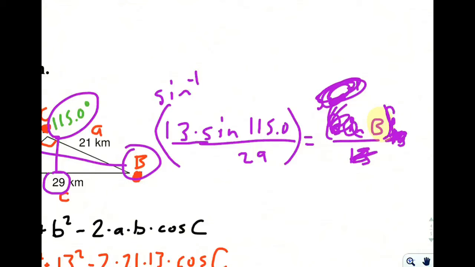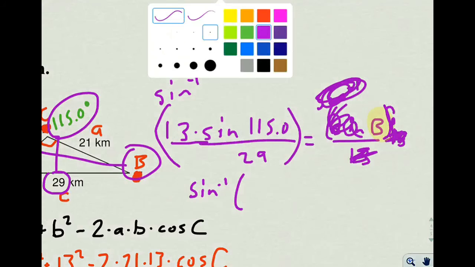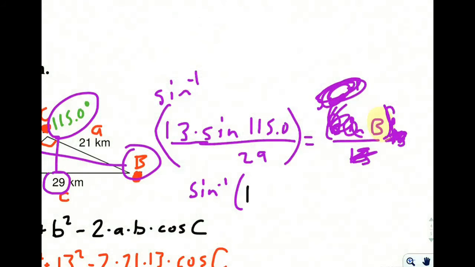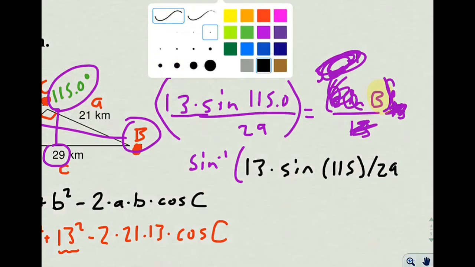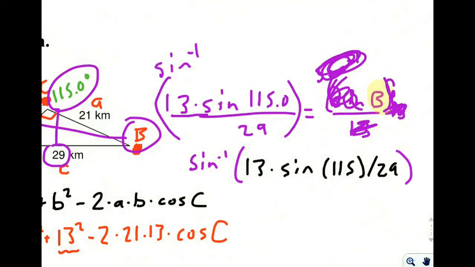So now we need to type this into our calculator. The way that we do that, we have our inverse sine first, and we open up our parenthesis, and inside we have our 13 times the sine of 115, and close that parenthesis if you have one, divided by 29. And then we will close the big parenthesis there. So go ahead and type that in.